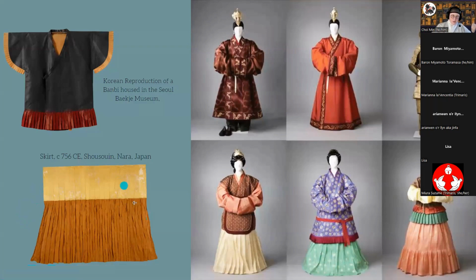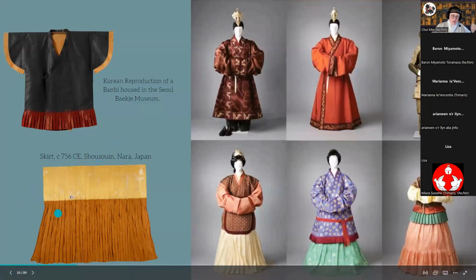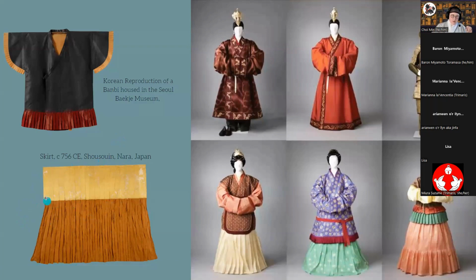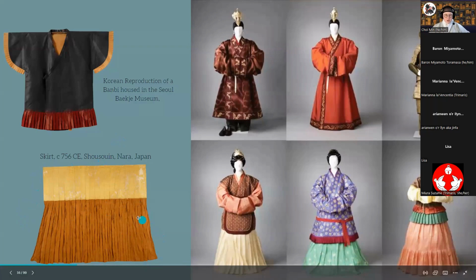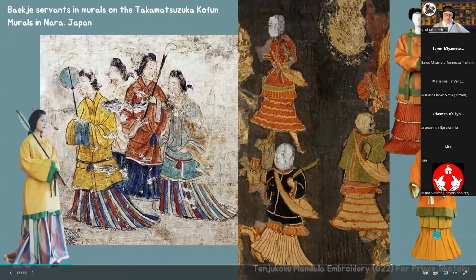Here's one piece that they have, the skirt, and you can see there's a flat panel that makes it go longer, and then the pleated skirt is here. So you could presume that in this Japanese reproduction they're using that.